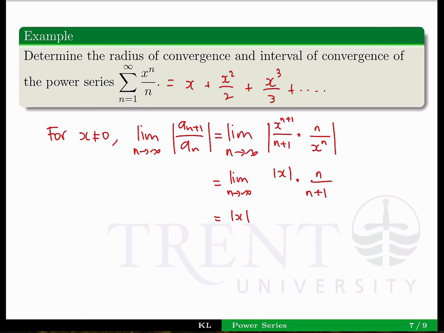Now remember, if we want the power series to be convergent, we want this to be less than 1. We need this, so the power series is convergent.